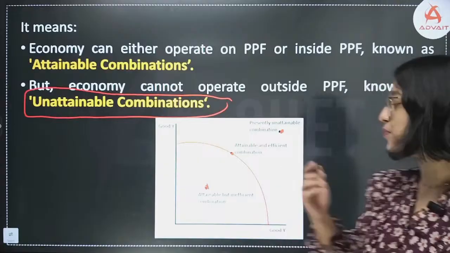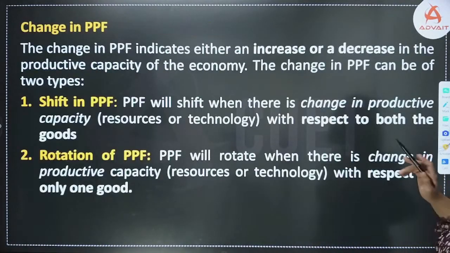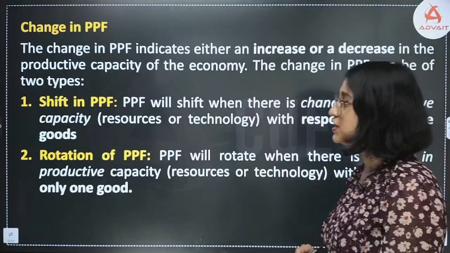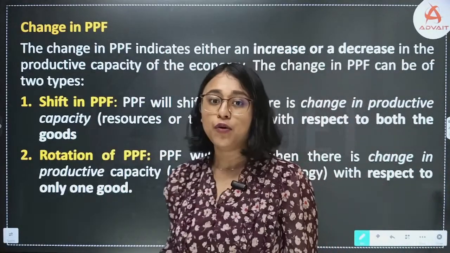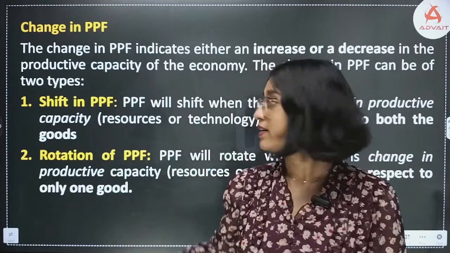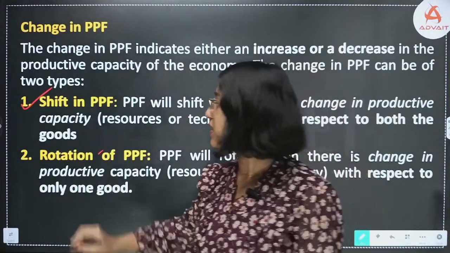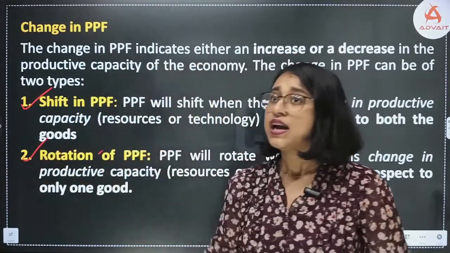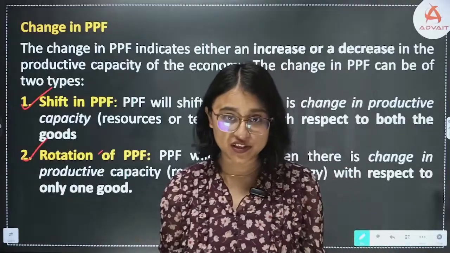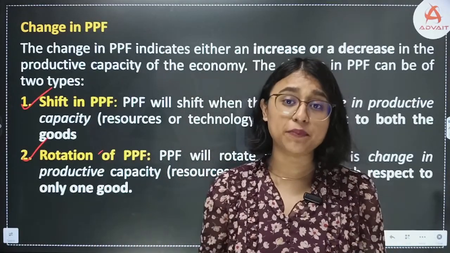Let us move to the next topic, where we will learn about the conditions where there will be a change in the PPF. Now, change in PPF can be of 2 types: there can be a shift in the PPF or a rotation of the PPF. When does the PPF change? PPF changes when there is a change in the productive capacity of the economy.